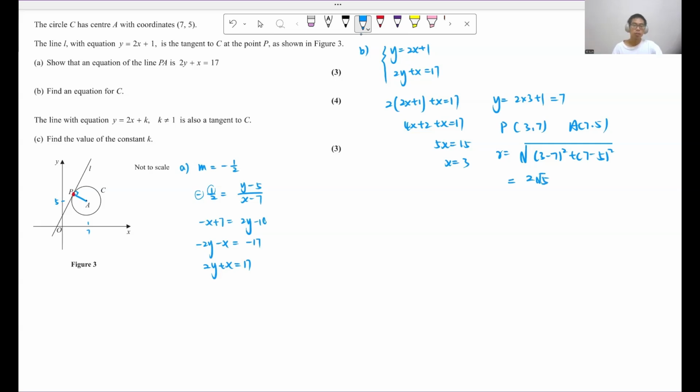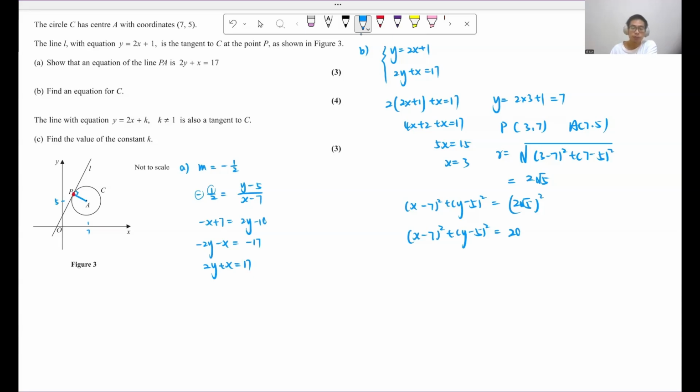Then put it into the equation: the center is A, so x minus 7 squared plus y minus 5 squared equal to 2 root 5, the radius, squared. So simplify that, x minus 7 squared plus y minus 5 squared is equal to 2 root 5 squared, which is 20. Then that would be the equation for the circle.